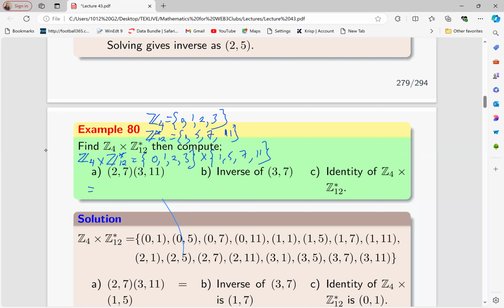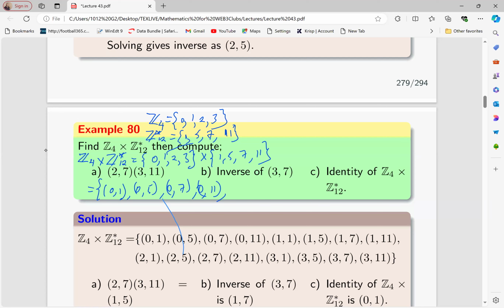Combine 0 with each of the elements of the second group. You have 0, 1, you have 0, 5, you have 0, 7, you have 0, 11. We are done with 0. Combine 1 with each of the elements of the second group.